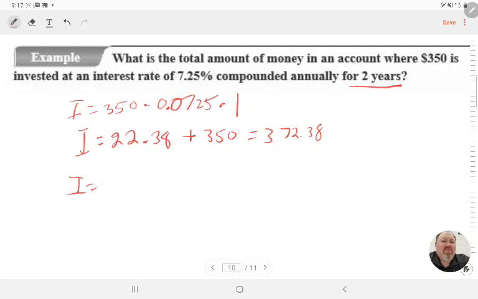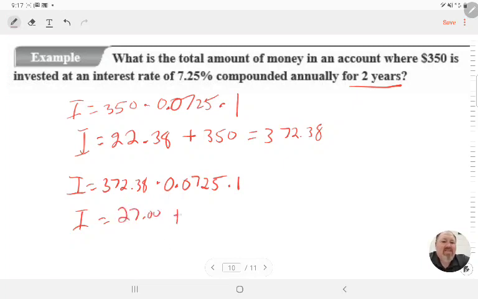So I equals $372.38 times 0.0725 times 1. And that's going to give me interest of basically $27.